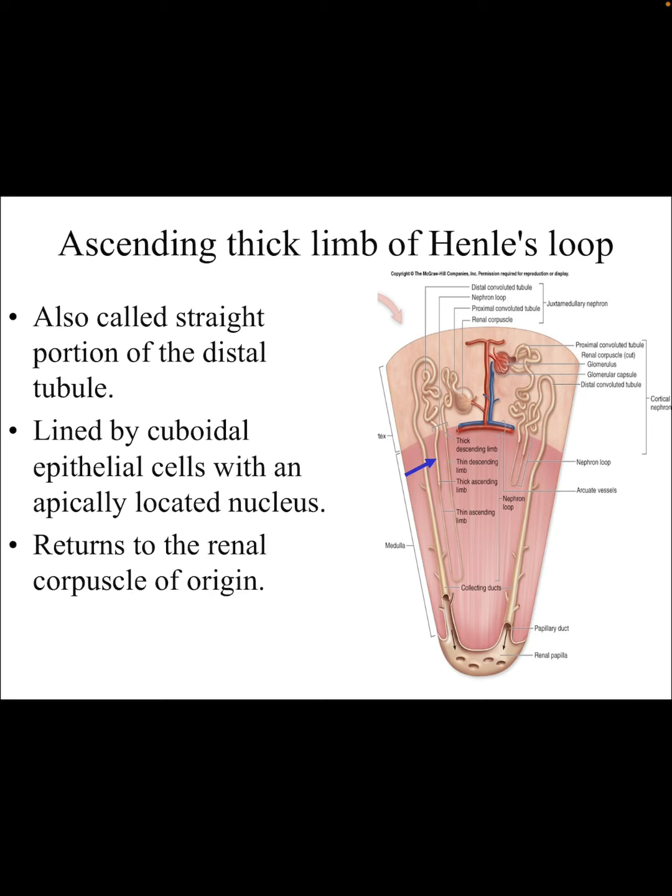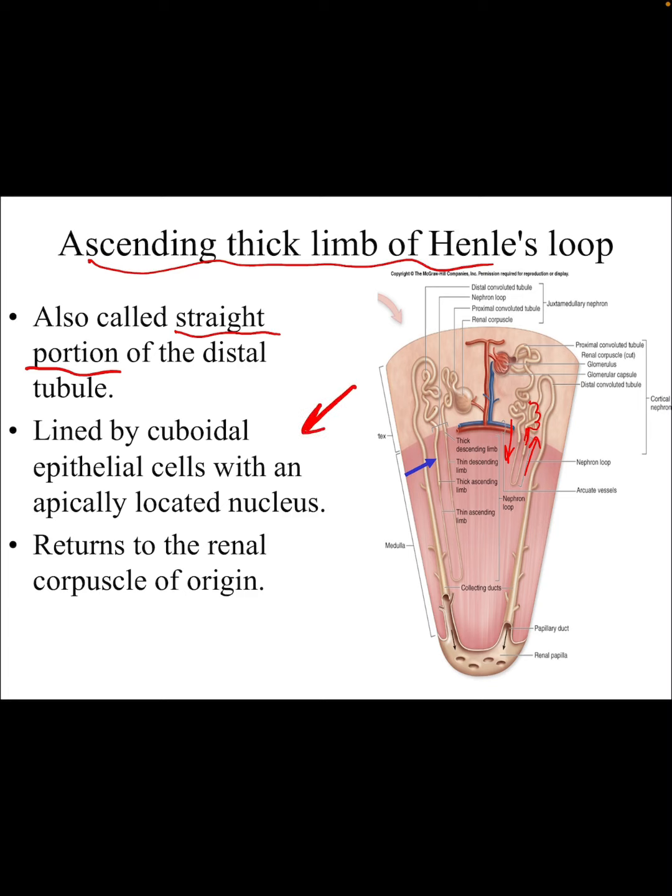As I said, we have the descending and then we have the ascending portion. The ascending thick limb of Henle's loop, we also call the straight portion. This one here, the tubes start to be straight, simple cuboidal epithelium, then start to become convoluted, and then we call it the distal convoluted tubule.